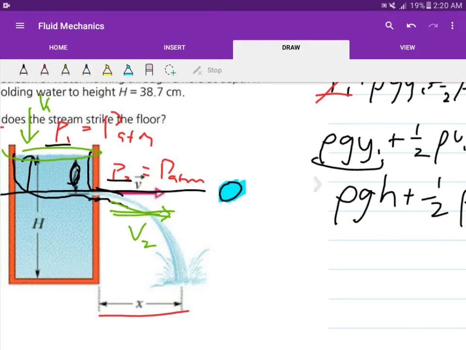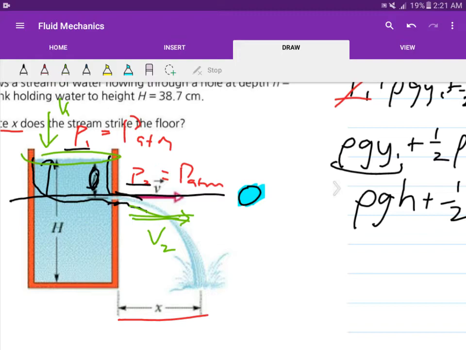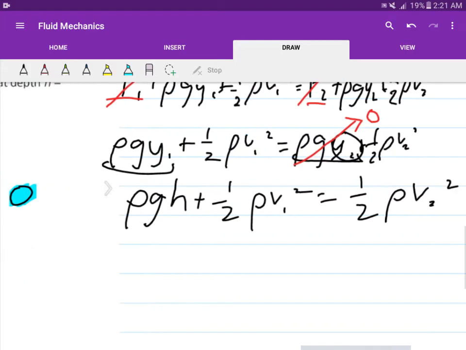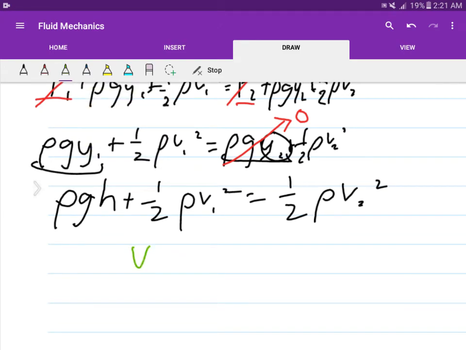So if the hole is very little in area, we know from continuity equation that v2 will be very large. So we can make an assumption that v2 is very large compared to v1, such that v2 minus v1 is almost equal to only v2.